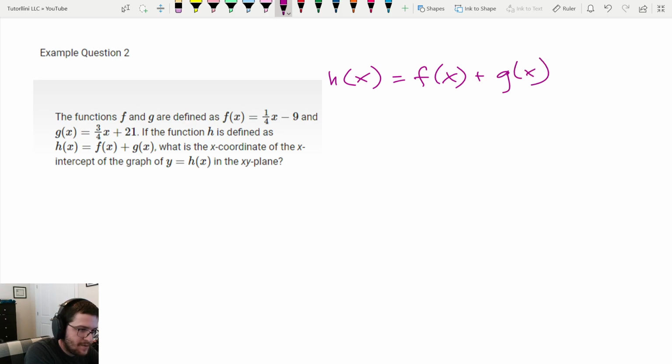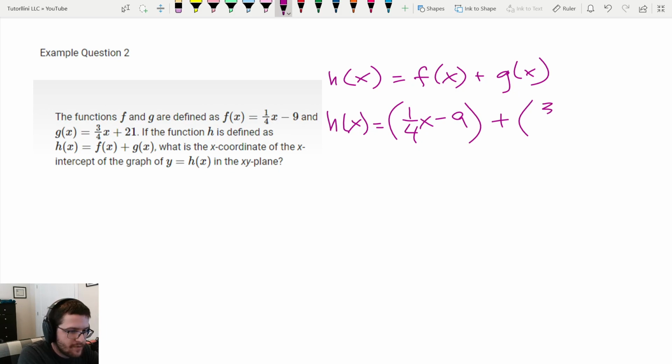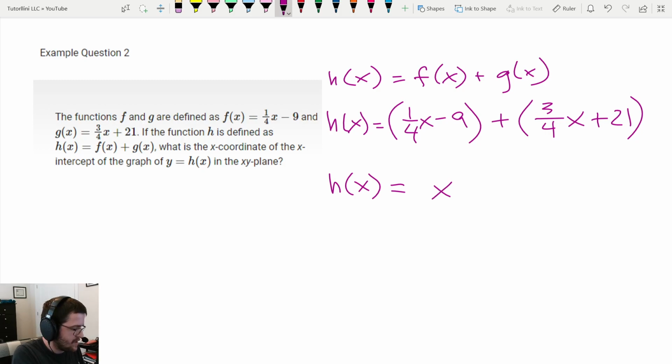And I'm going to do h of x equals 1/4 x minus 9 plus 3/4 x plus 21. So I should get 1/4 plus 3/4 is 1. So I get 1x, or just x. And then negative 9 plus 21, what's that? I get 12, so this should be x plus 12.